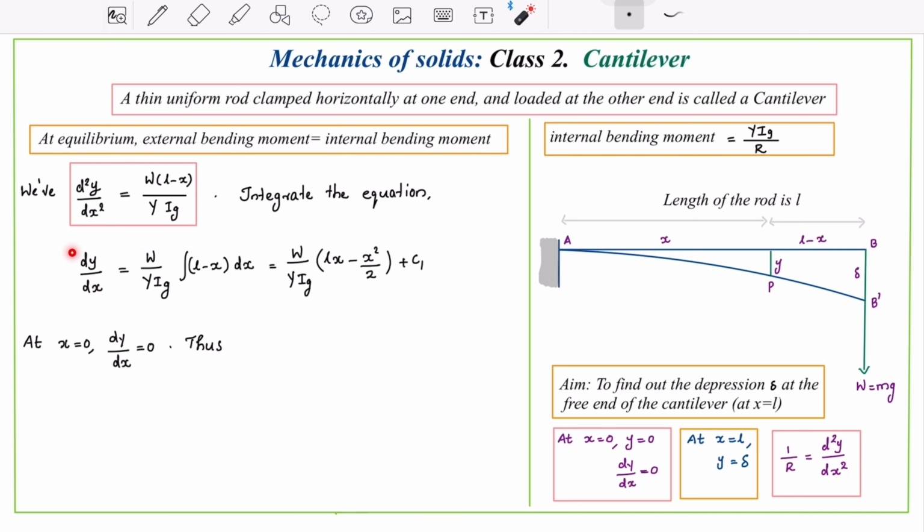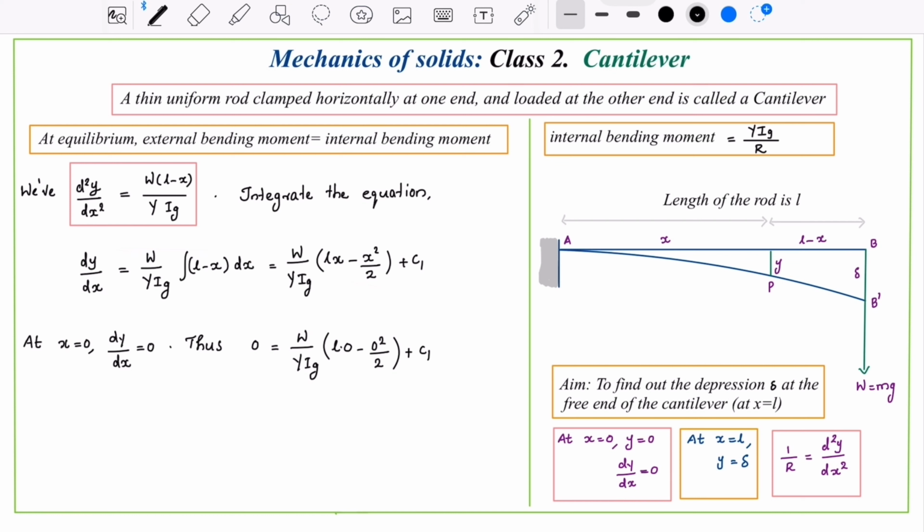Therefore, what happens to the above equation? First, substitute dy by dx is equal to 0. That is, LHS becomes 0. 0 is equal to W by YIg into, now substitute for x is equal to 0, that is L into 0 minus 0 square by 2 plus C1.